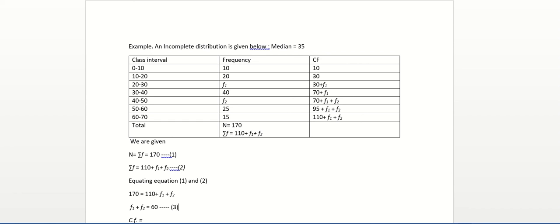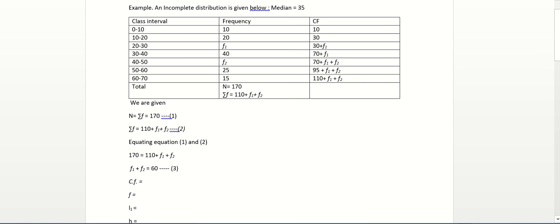Now we will continue forward. Now I have to calculate n by 2. n upon 2 is 170 divided by 2. We get 65. Sorry, 85, not 65. 85.